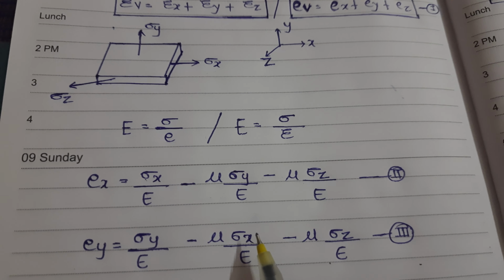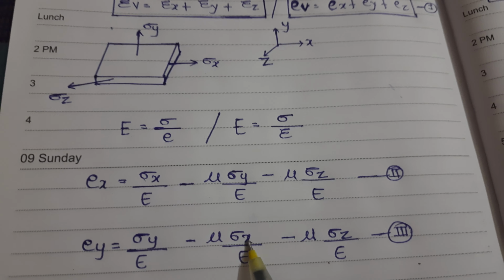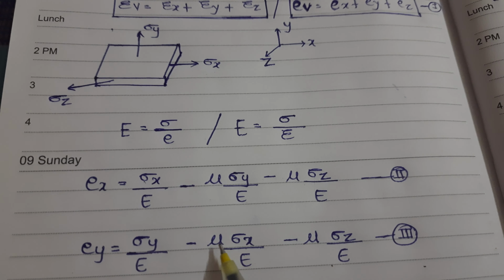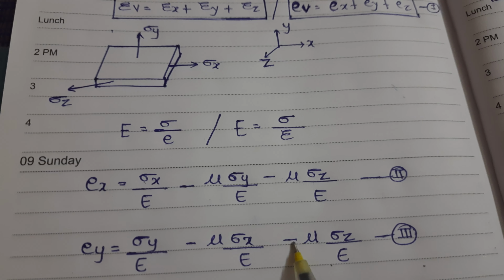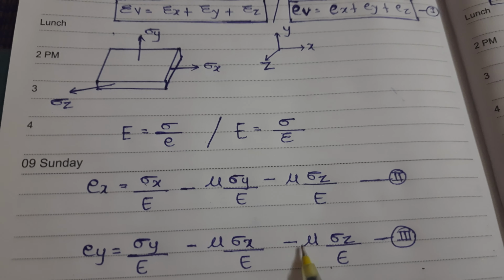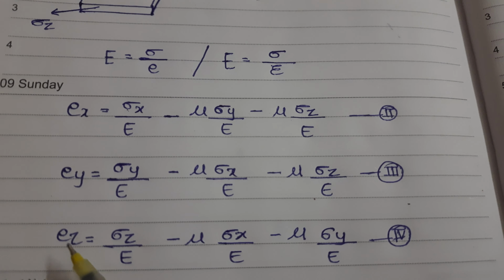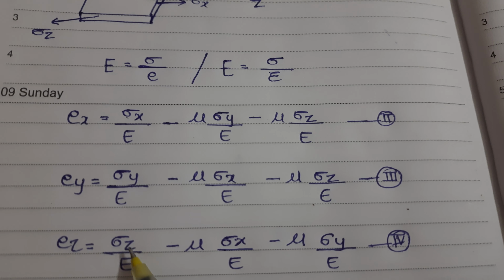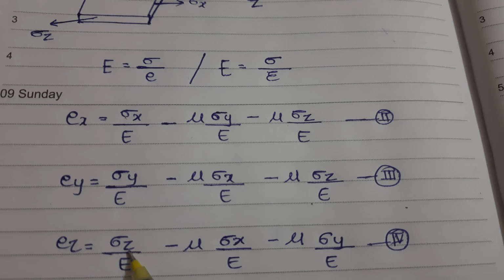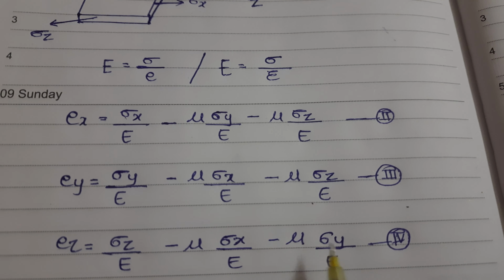Lateral strain due to sigma x, we can write as minus mu into linear strain due to sigma x, hence minus mu into sigma x divided by E. Same, lateral strain due to sigma z is minus mu into sigma z by E. Same for Ez: Ez is equal to sigma z by E, because this is the linear strain due to sigma z, but the remaining two are lateral strains.